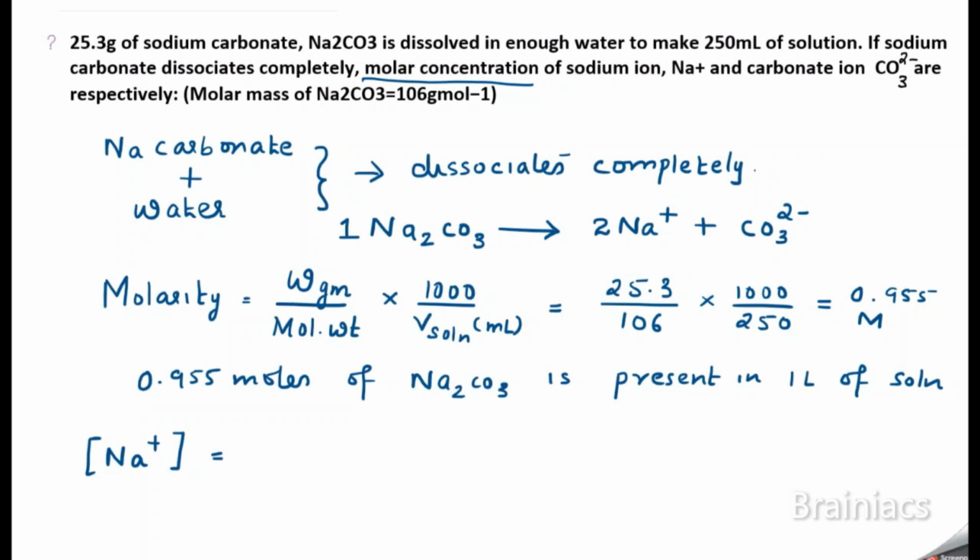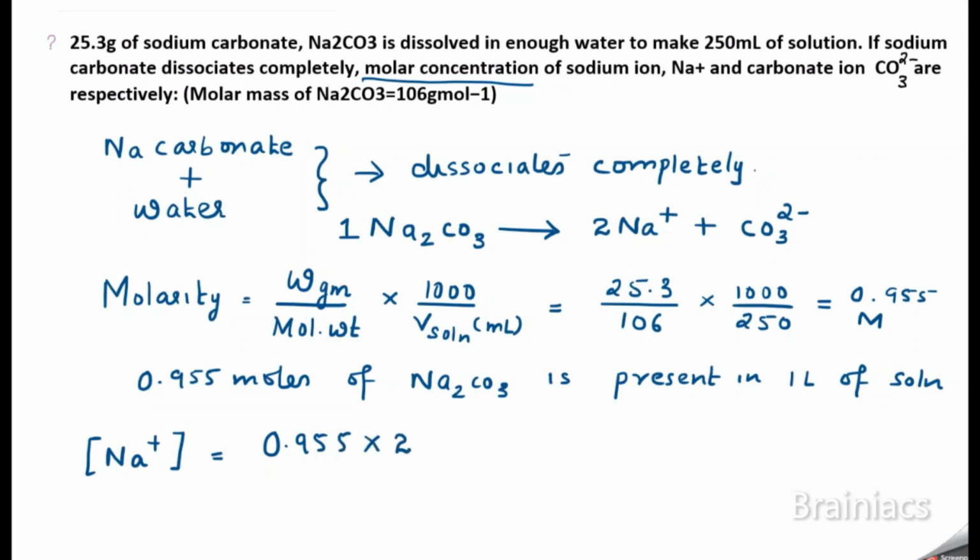But I know that 1 mole Na2CO3 on decomposition will give 2 Na+. So 0.955 moles of Na2CO3 means each mole of Na2CO3 will give 2 Na+. So the molar concentration of Na+ will be equal to 0.955 into 2, because 1 mole will give 2 Na+.